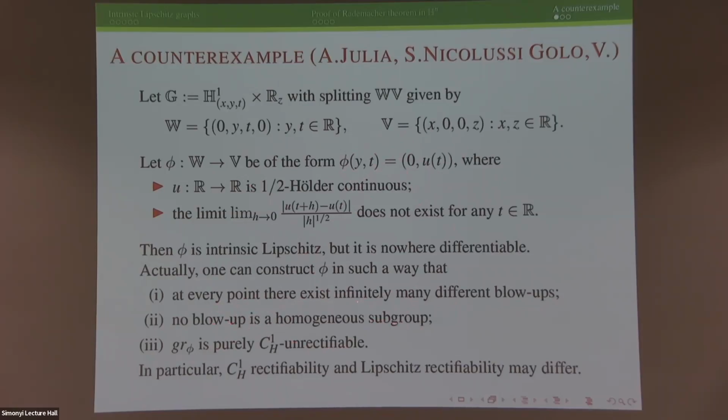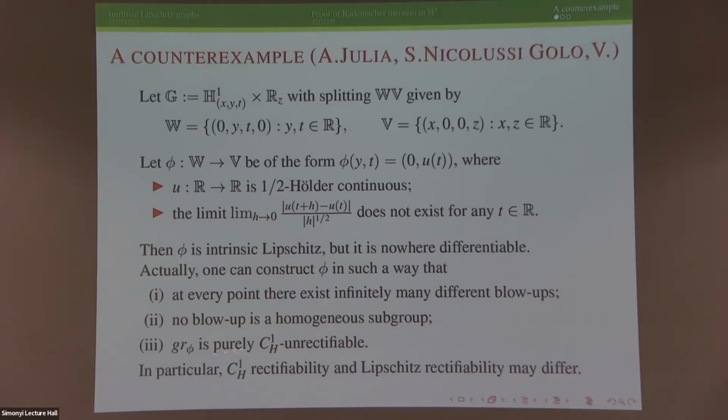You might be tempted to say, okay, maybe we have a lot of blow-ups, but there will always be at least one subgroup. This is something which happens in the theory, at least in a few similar problems. Actually, no. You can produce an example where you have infinitely many blow-ups at every point, and no blow-up is a subgroup.